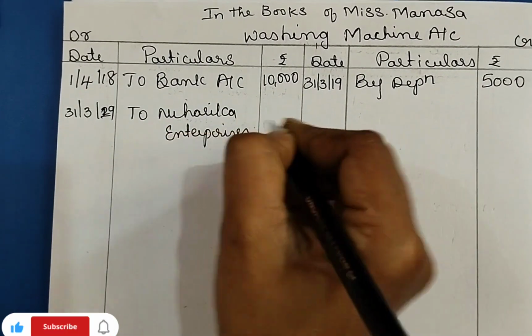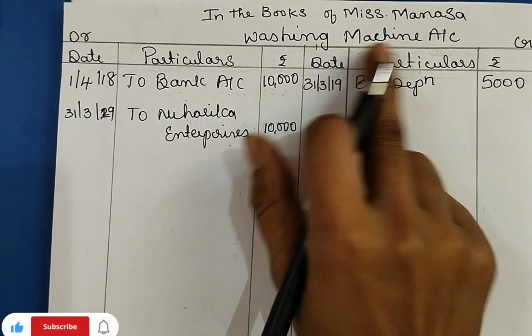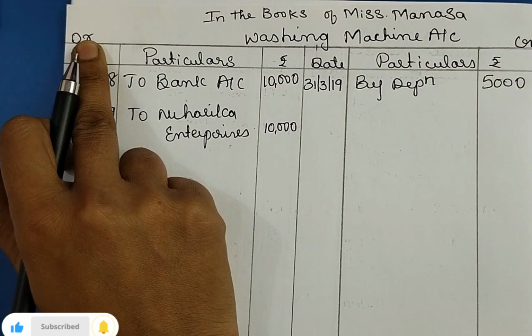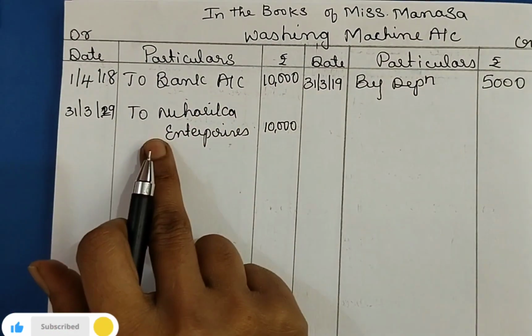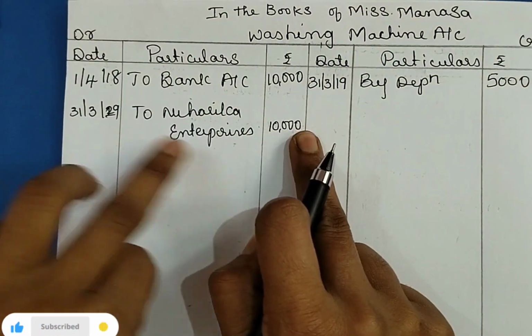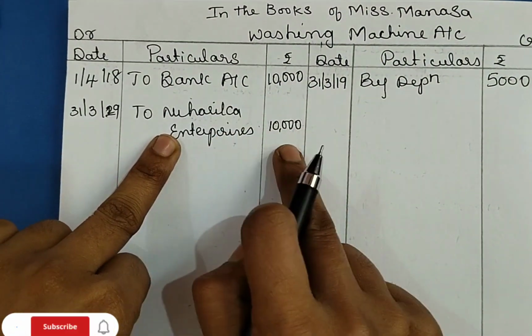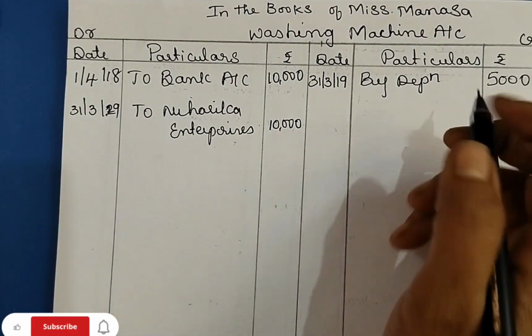Niharika Enterprises 10,000. Washing machine account debtor to Niharika, because this is a credit purchase. On the debit side of the Niharika Enterprises account, we paid 10,000. Now what is the balancing figure?